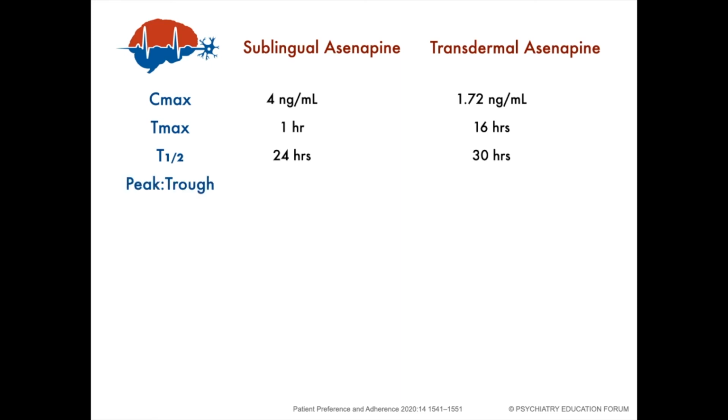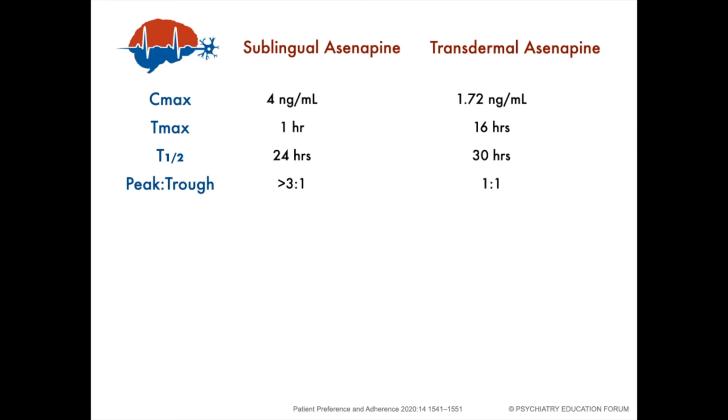And the last difference is the ratio of peak to trough levels. For sublingual Asenapine, it's more than 3:1. Make a note that this more than 3:1 ratio is the highest among antipsychotics, whereas transdermal is a 1:1 ratio.